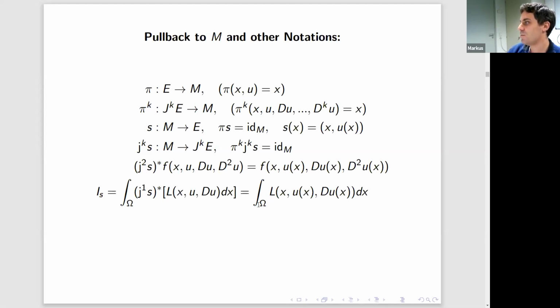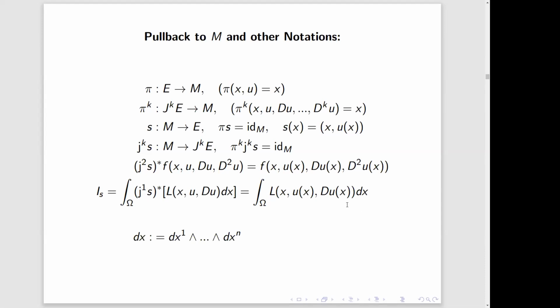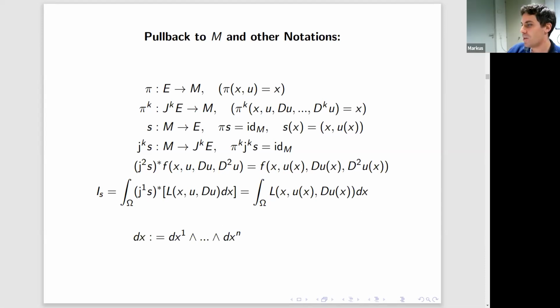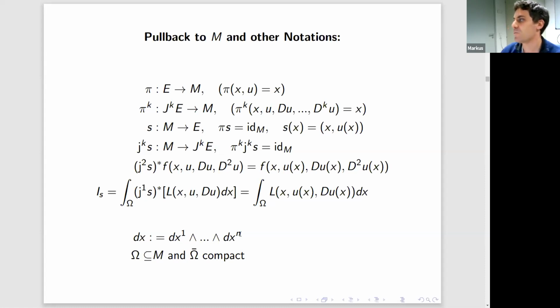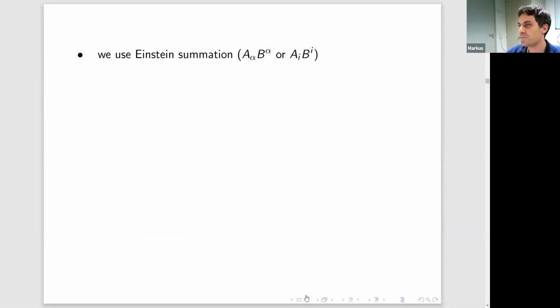Omega is some subset of the manifold M or M itself. dx is a short notation for the volume form on M. Maybe there are some additional properties which are not important at this point, maybe that the closure is compact, but that's not important for the moment. So this whole slide is about the pullback notation. I hope this was clear.